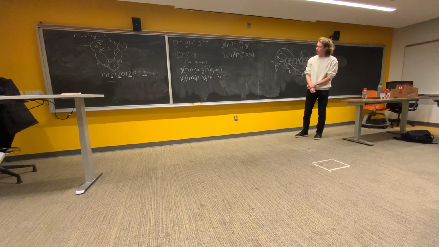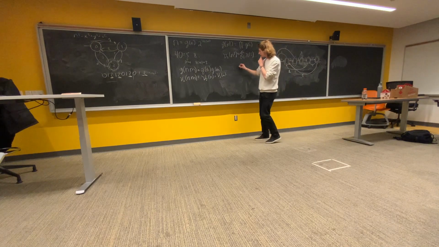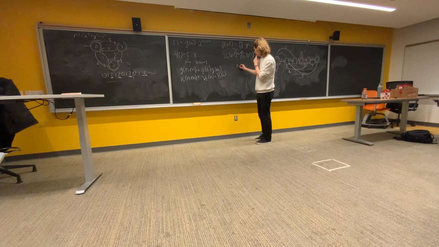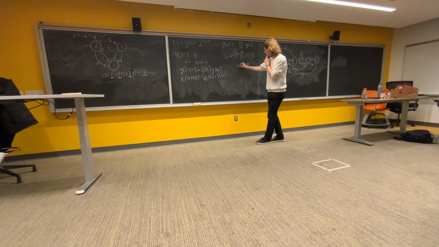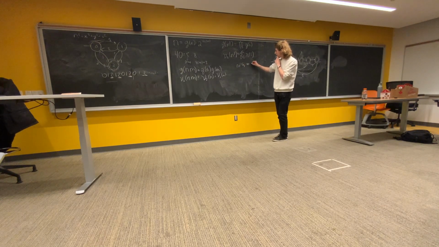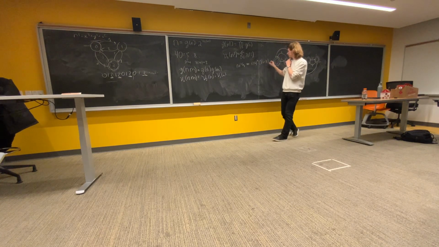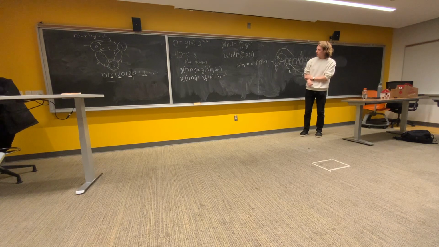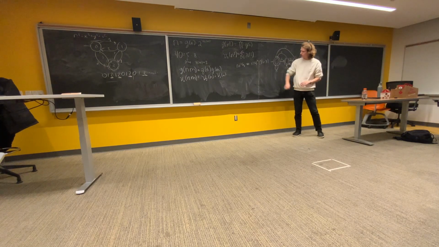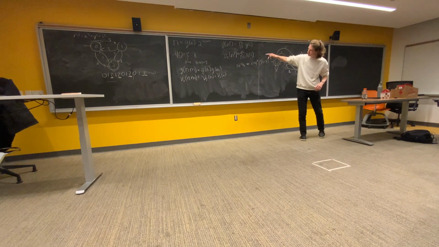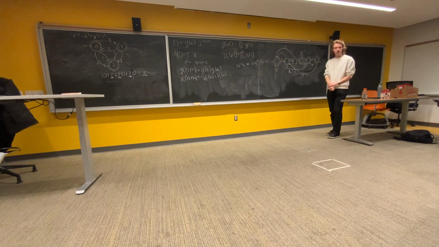And remember, we had Legendre's 3 square theorem that said that n was not in S3 if and only if n was of the form 4 to the a times (8b plus 7). So how can we relate this form to nu 2 and g?